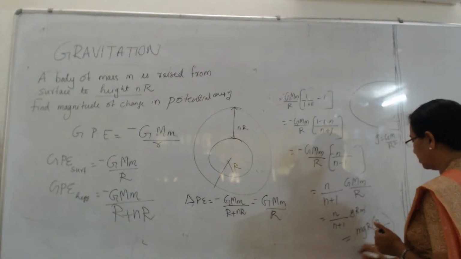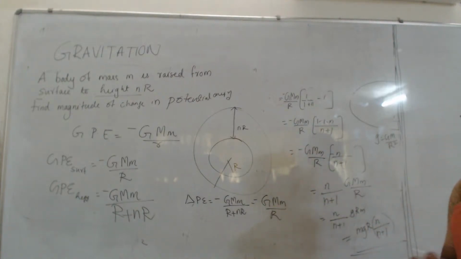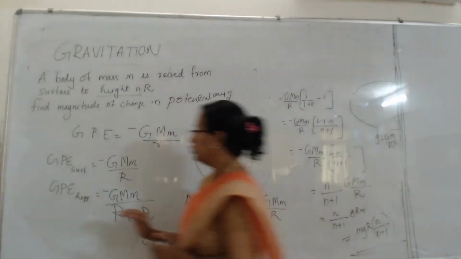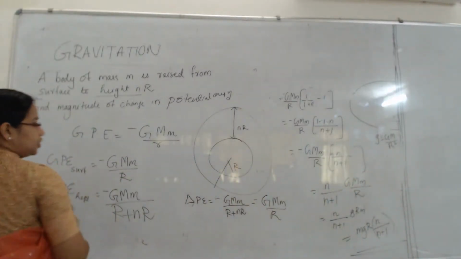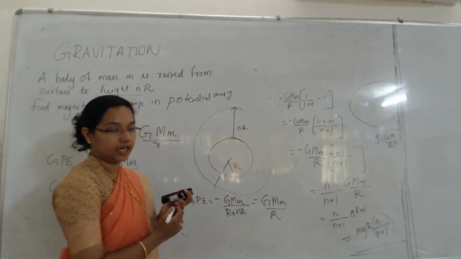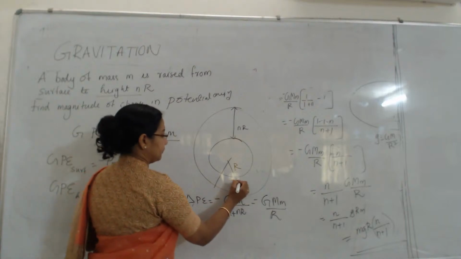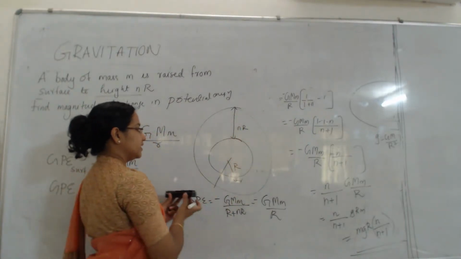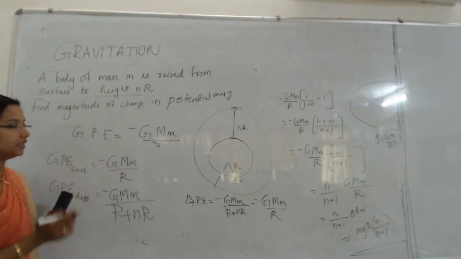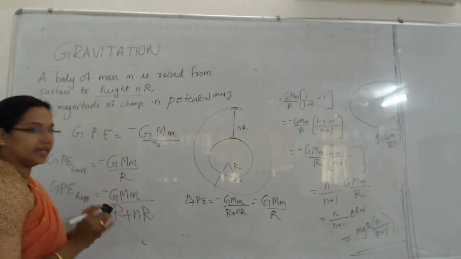Even this question many exams ask. What is the question? If a body we want to change from the surface of the Earth to a height of nR, this is the surface, this is height nR. In this question, remember, they mentioned height of nR. So the distance from the center is R plus nR.